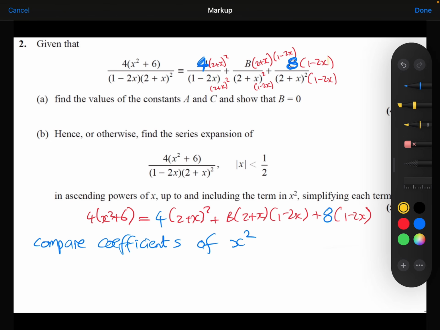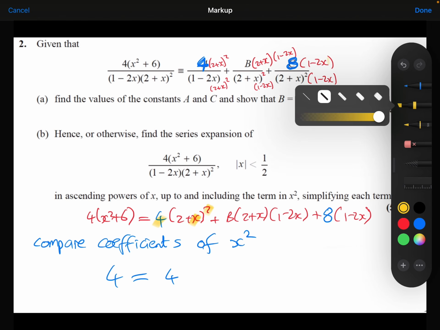On the left-hand side, I'd have 4 times x², so I'd have a 4. On the right-hand side, I'd have an x times x, which is x², multiplied by the 4, so a 4x².